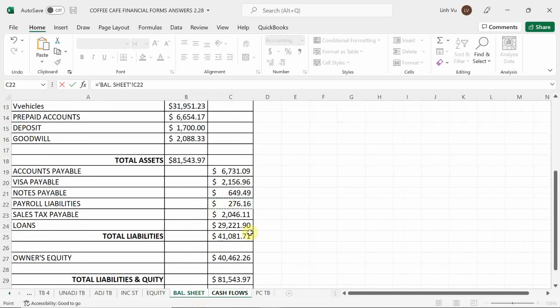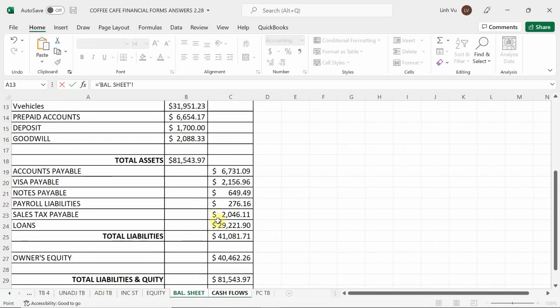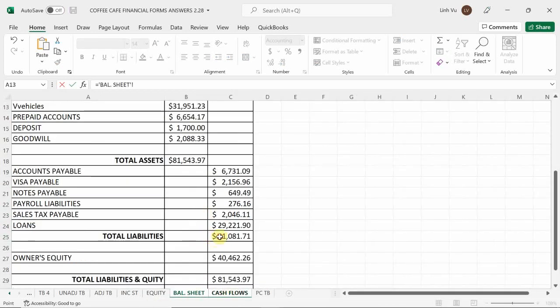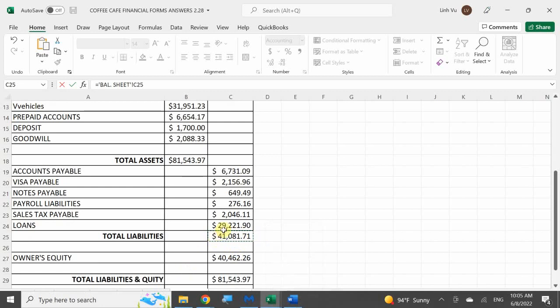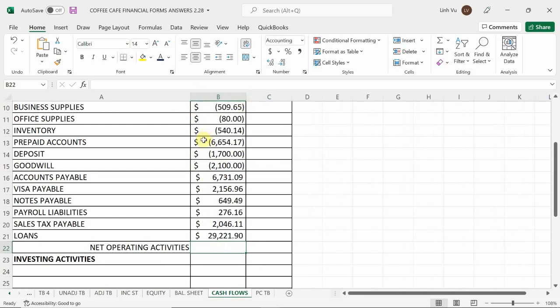I owe them $276. I haven't paid the city or local agency yet for the $2,000 for the sales tax I've collected. And for sure, I have not even paid a dime to my loans. So therefore, that's going to be considered things that are going to be added back because I still have this money available, okay?